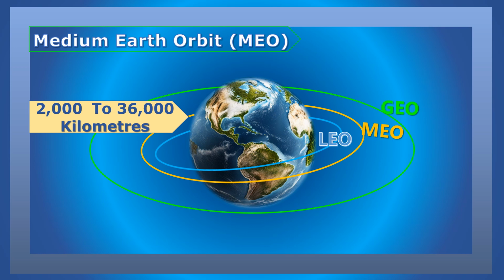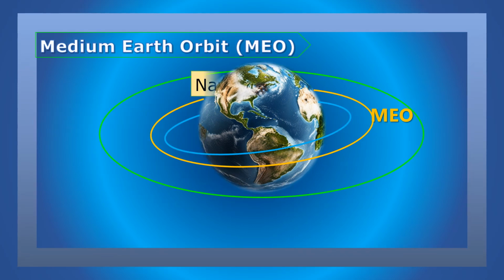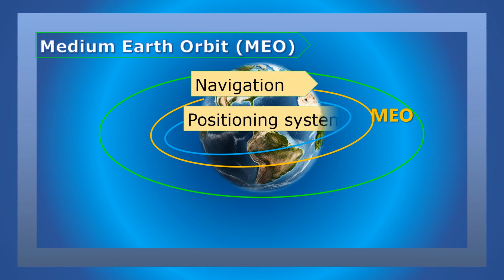MEO satellites are primarily used for navigation and positioning systems such as the Global Positioning System, GPS. By placing satellites in MEO, they can achieve longer orbital periods than LEO satellites, providing better coverage and accuracy for navigation purposes.